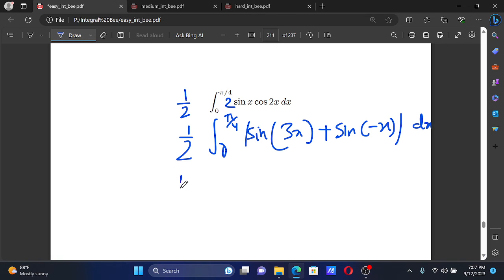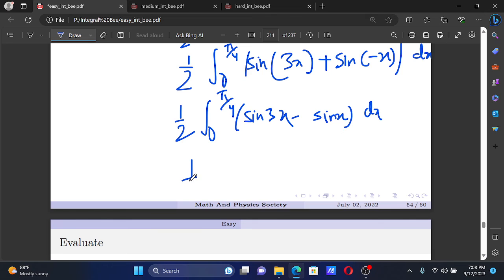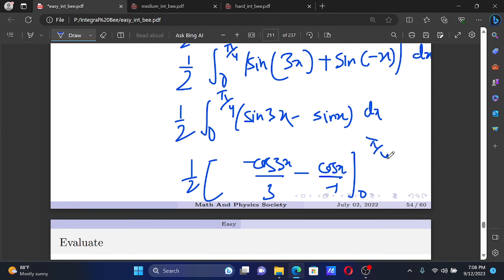Now it's 1 by 2 integral from 0 to pi by 4 of sine 3x minus sine x dx. Now we have 1 by 2, this is minus cos 3x by 3 minus cos x by minus 1 from 0 to pi by 4.